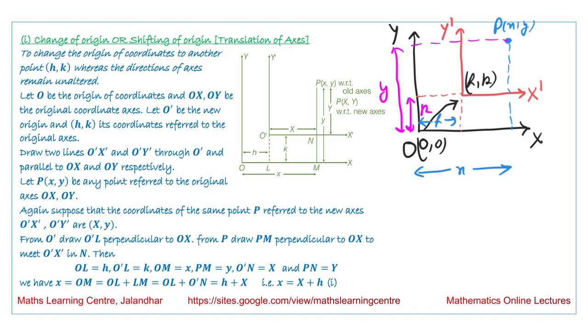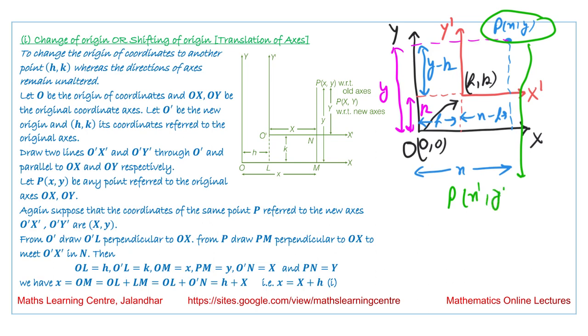So the remaining portions are: this portion is y minus k, and this portion is x minus h. Corresponding to the new axes, this point P is written as x dash, y dash.